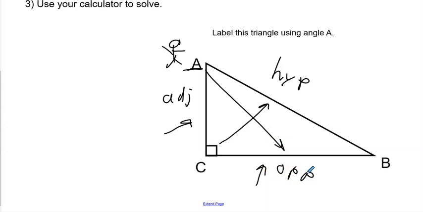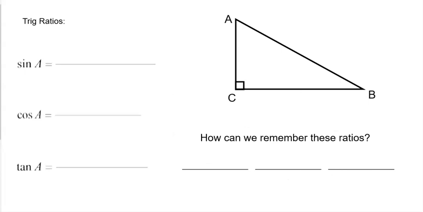Okay? Now, if I was looking from B, AC would be opposite, and BC would be adjacent. It all depends on where you're looking from, your perspective. Okay, so, trig ratios. Sine of A. So from A, and these are all from A, sine, cosine, tangent.